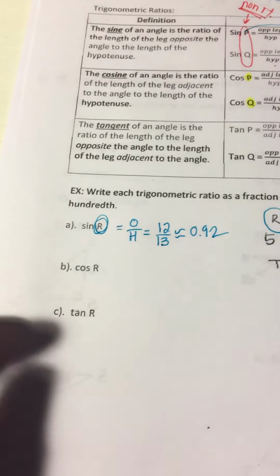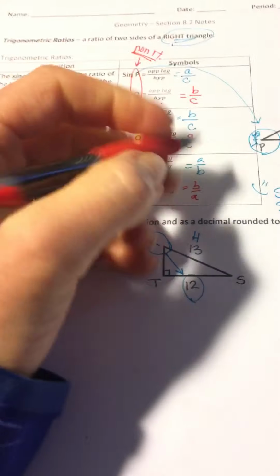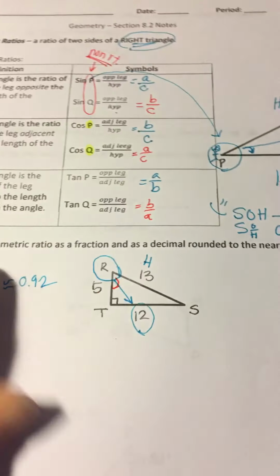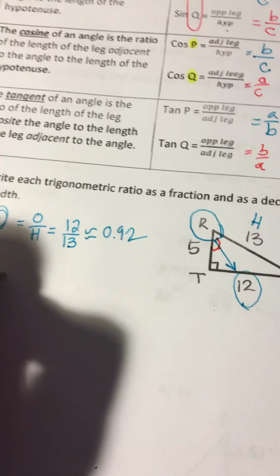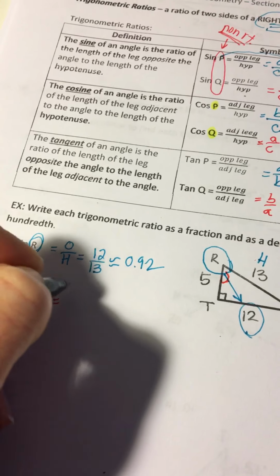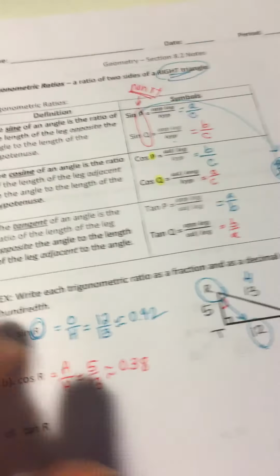Okay. Cosine is the same idea. Cosine of R, instead of opposite now, it's going to be the adjacent leg over the hypotenuse. So over here, adjacent over hypotenuse is 5 over 13. And that divided out is about 0.38.